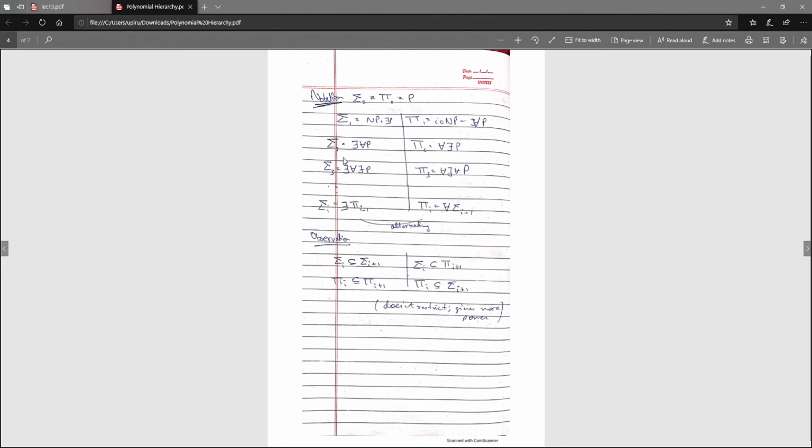So sigma I will be equal to there exists pi I minus 1, because sigma I minus 1 would be for every, there exists P, from the previous level. Similarly, pi I can be written in terms of sigma I minus 1.